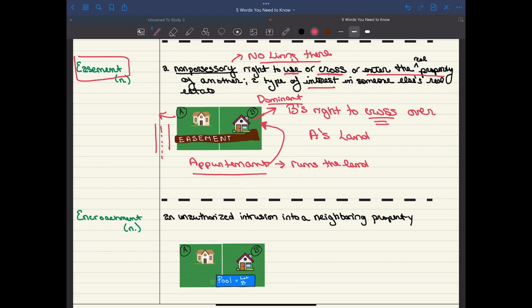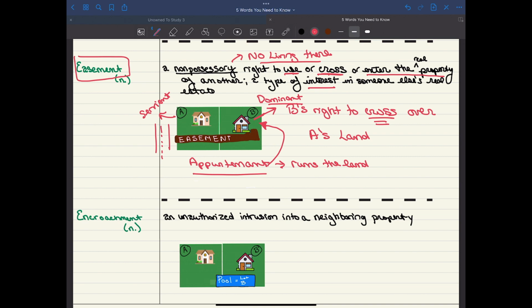B's right to use the property dominates A's right to do something they wanted to do, like put up a fence. And we're going to call property A the servient tenement, because property A is of service to property B. They're always going to have to allow whoever owns B to cross their property.